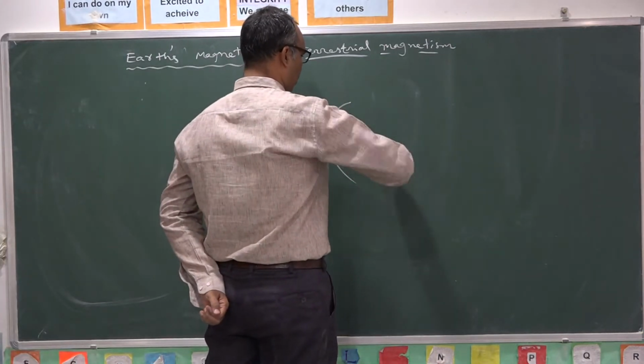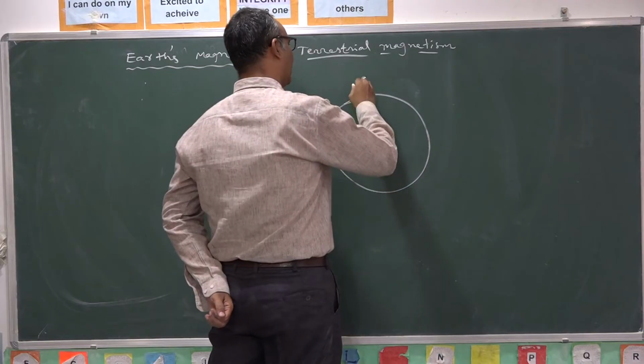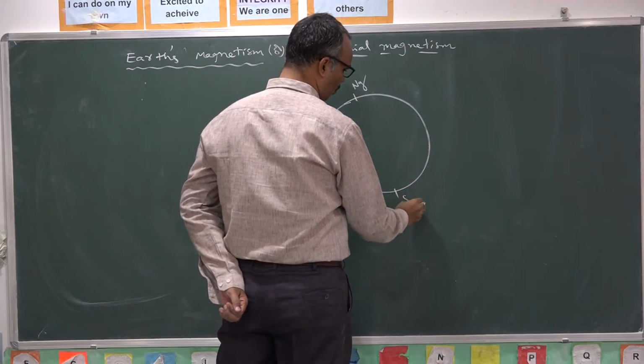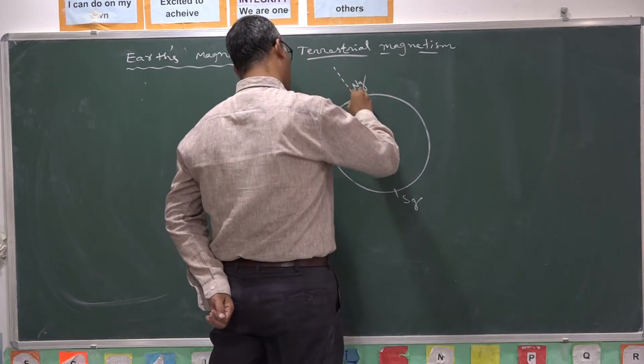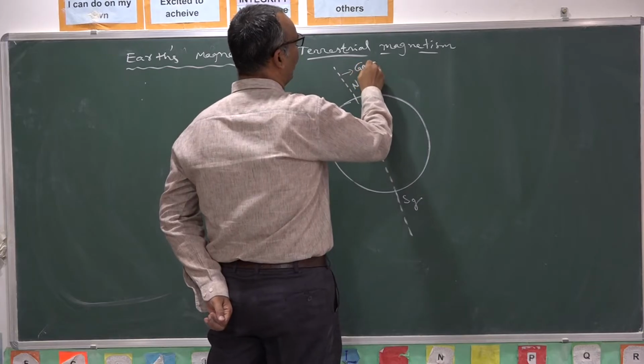Suppose if I consider our Earth. Our Earth is having geographic North Pole, geographic South Pole. The axis joining these two poles is called geographic axis.